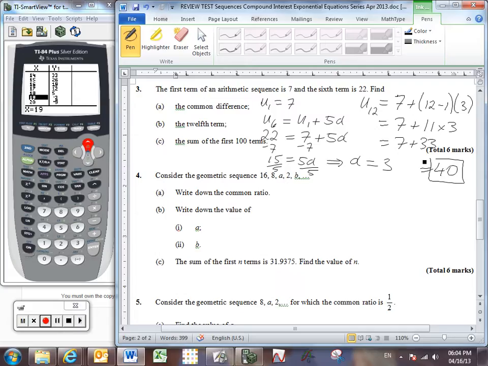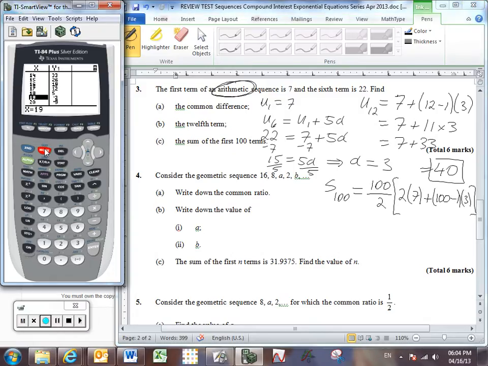And lastly, they want the sum of the first 100 terms. So again, let's keep using the arithmetic sequence sum formula. Sum of the first 100 terms. Well, that means that n is equal to 100. So 100 over 2, and then we've got 2 times the first term plus (n minus 1) times the common difference. Let's put this into the calculator.